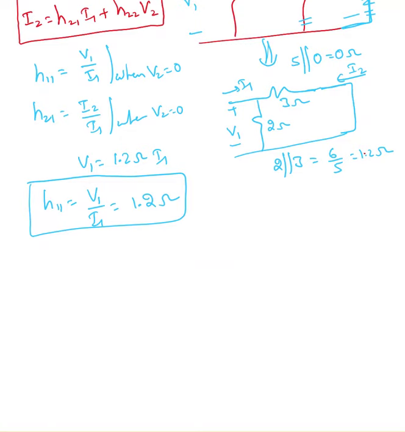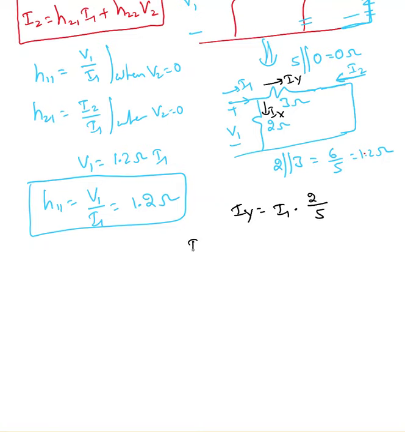Now for h21, I can use the same circuit. I know i2 is the current flowing in this direction into the 3 ohm. Can I say i1 is coming here? i1 is going to divide, so let me call these iy and ix. Can I find iy by using the current division rule? iy equals total current multiplied by opposite resistance over total resistance.